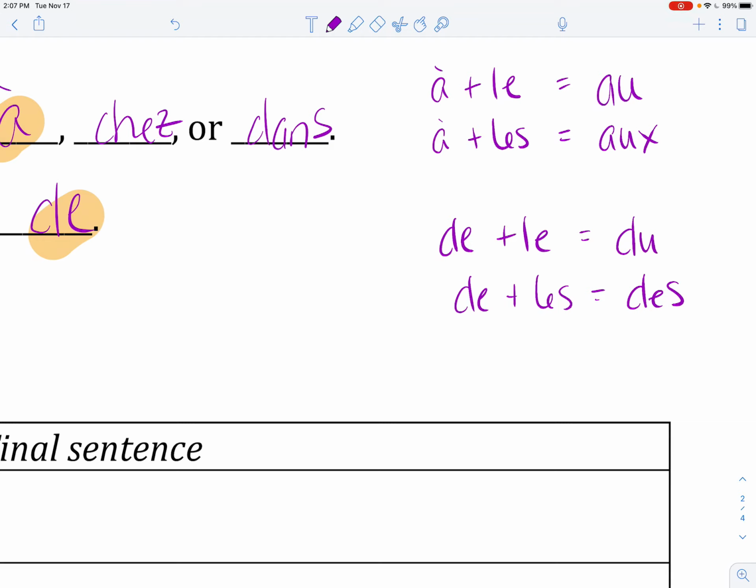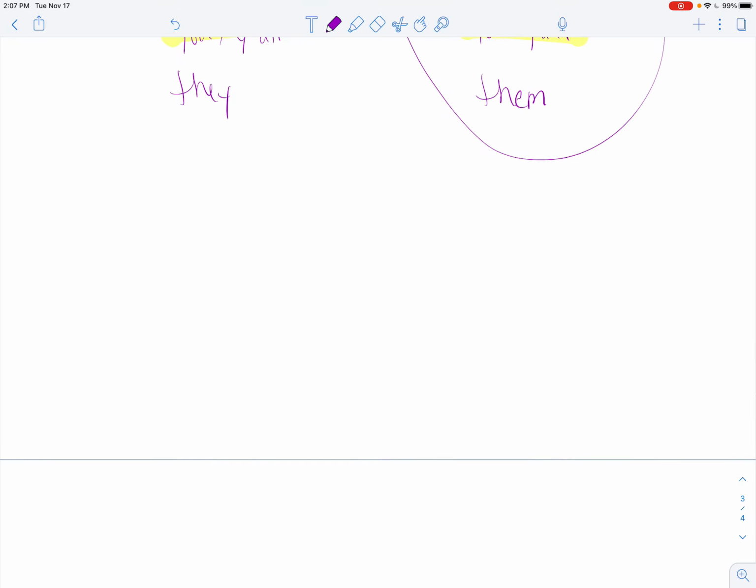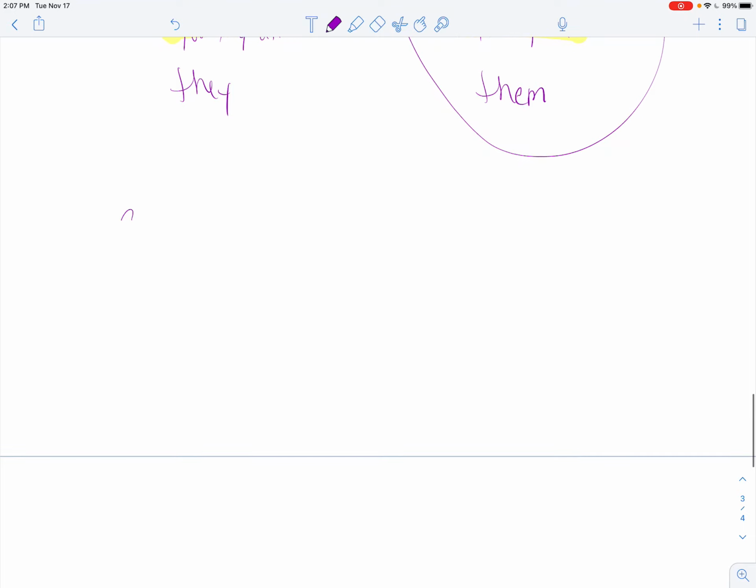All right, one last thing. I want to try to summarize this for you. If you see in a sentence the preposition à or pour, and it's a person, you have an indirect object.